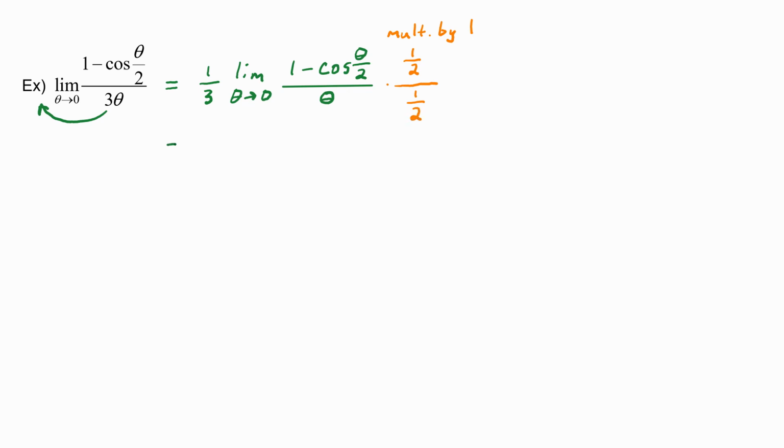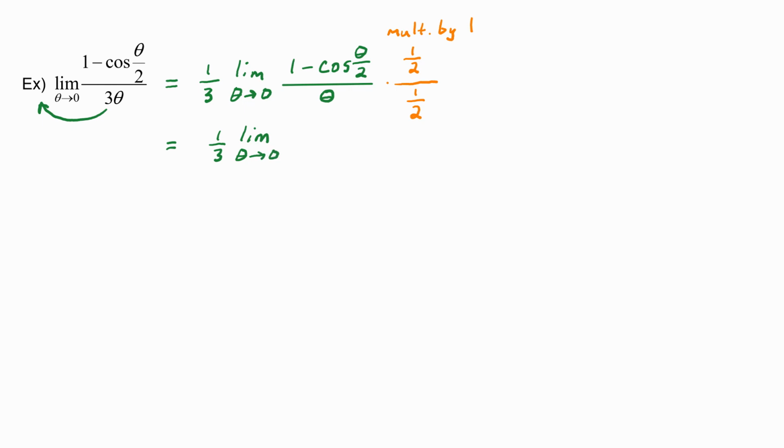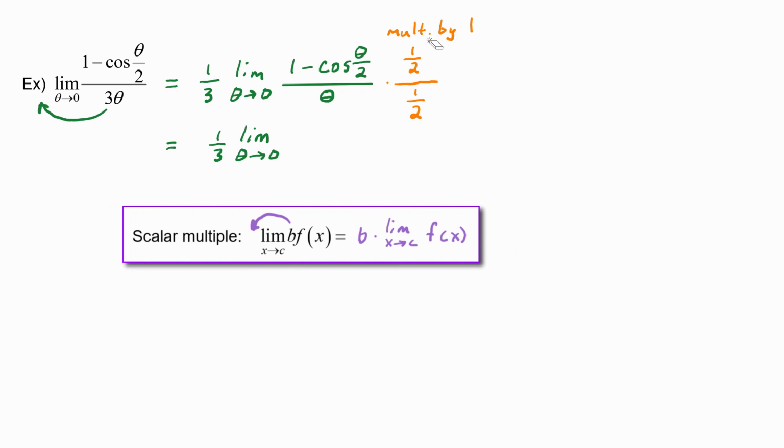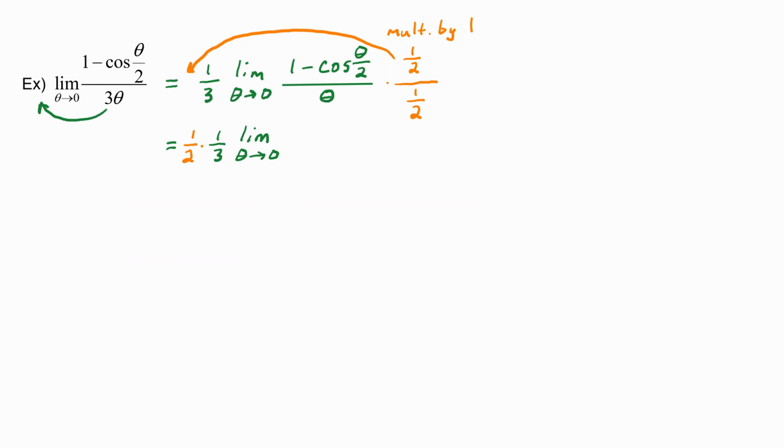So this is going to equal 1/3 times the limit as theta goes to 0. And now we can go ahead and apply the rule for the scalar multiple and bring this 1/2 out front. Then on the inside, in the numerator, we will have 1 minus cosine of theta over 2.